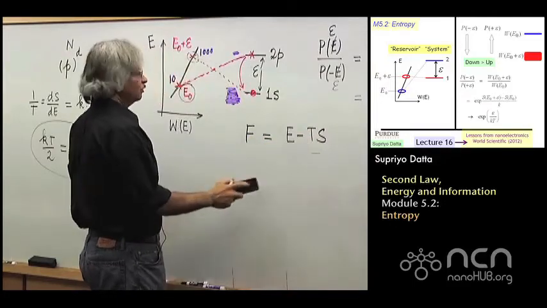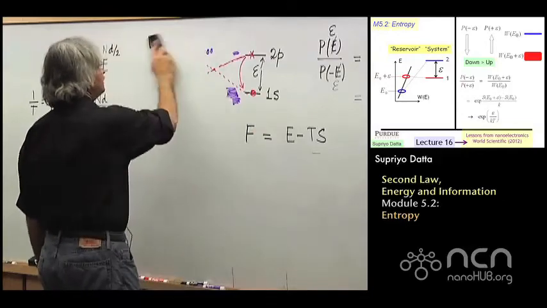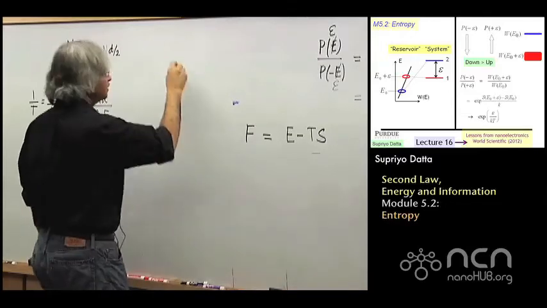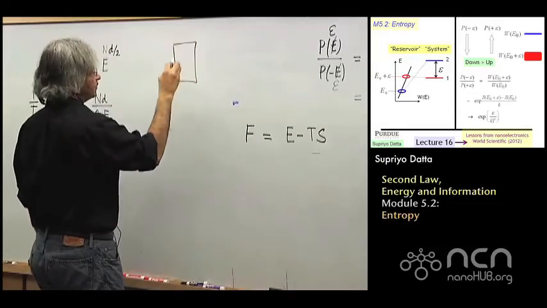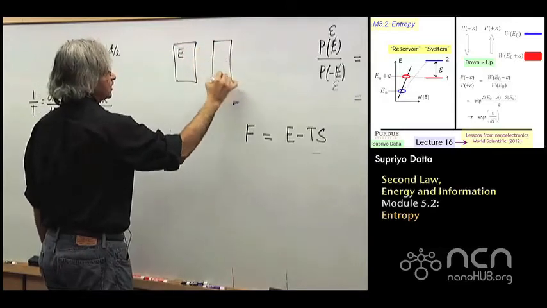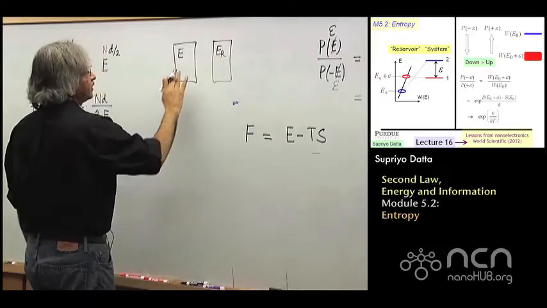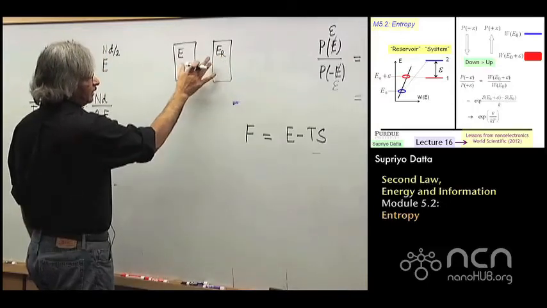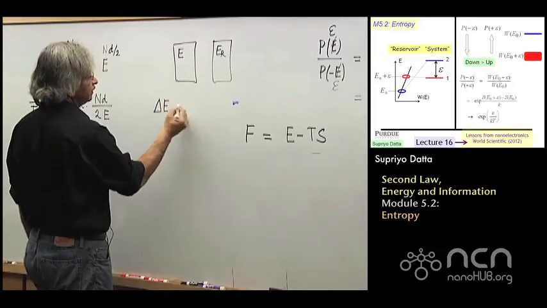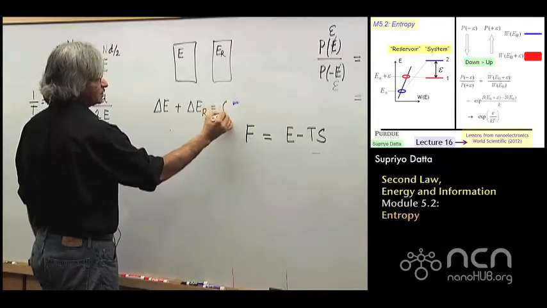Now, how do you show that? Well, the idea would be something like this: when I bring two things into contact, I've got some system here with some energy E, and there is a reservoir with some energy ER, and when I bring them together, the change in energy of one and the change in the energy of the reservoir must sum to zero.